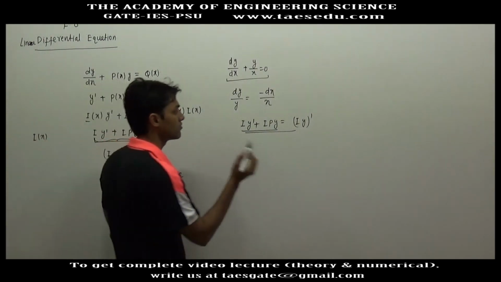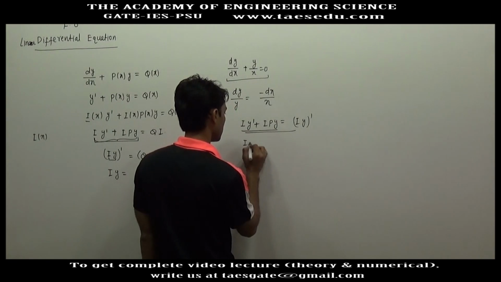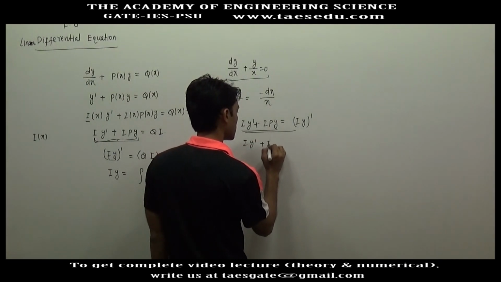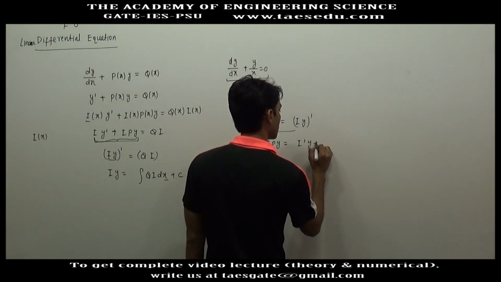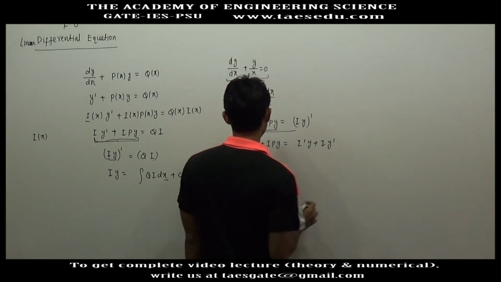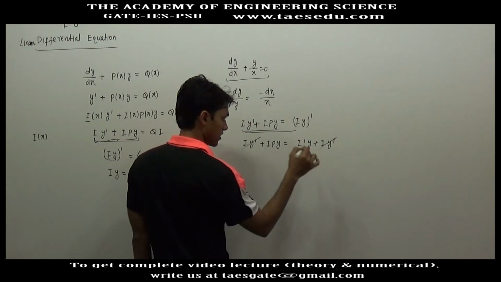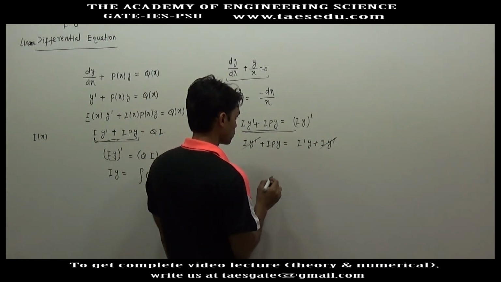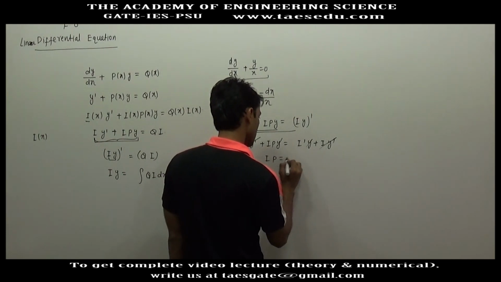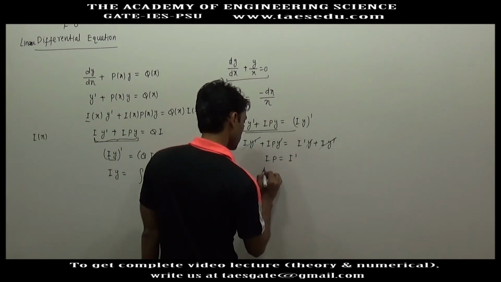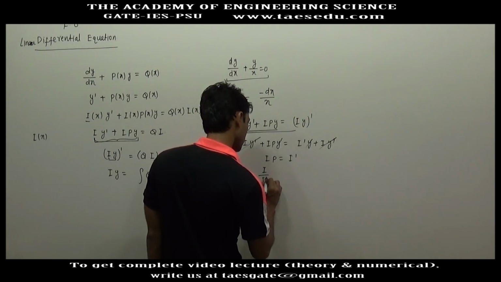So if this is the derivative of I into y, I y dash plus I p y is equal to I dash y plus I y dash, and I y dash is cancelled, so I into p is equal to I dash.